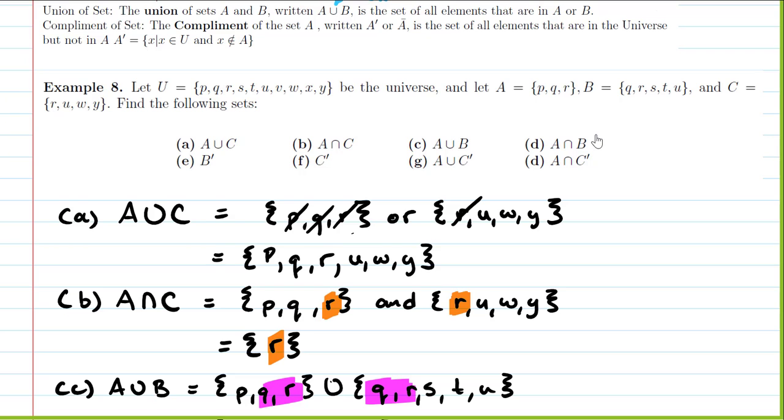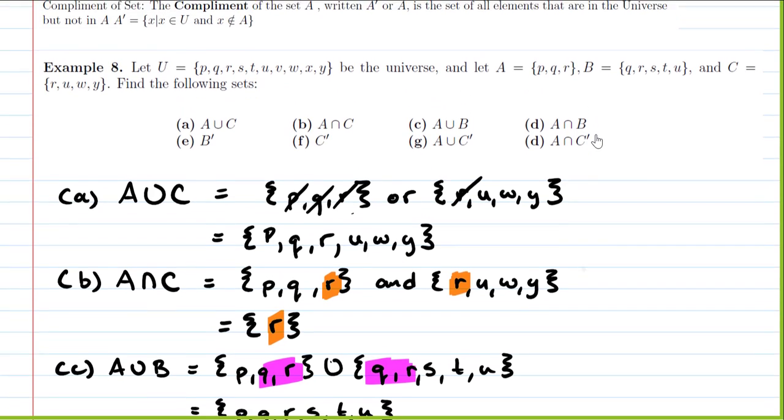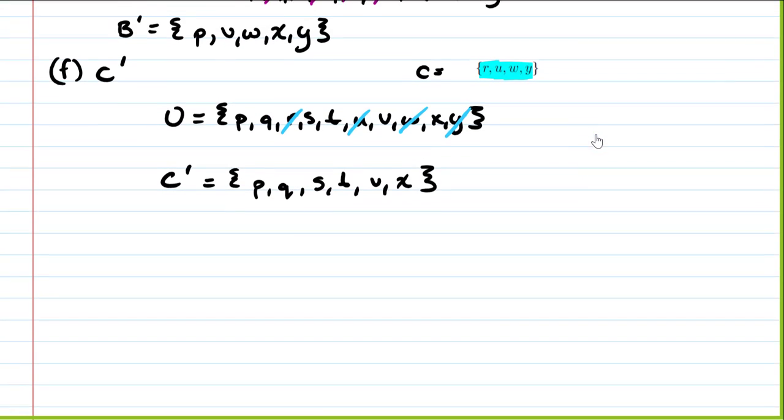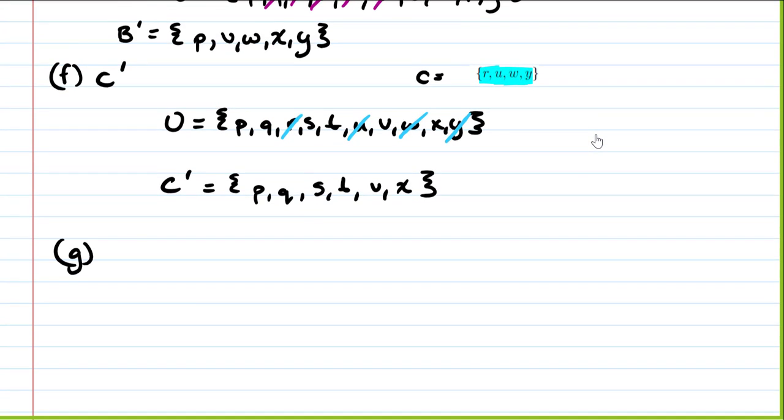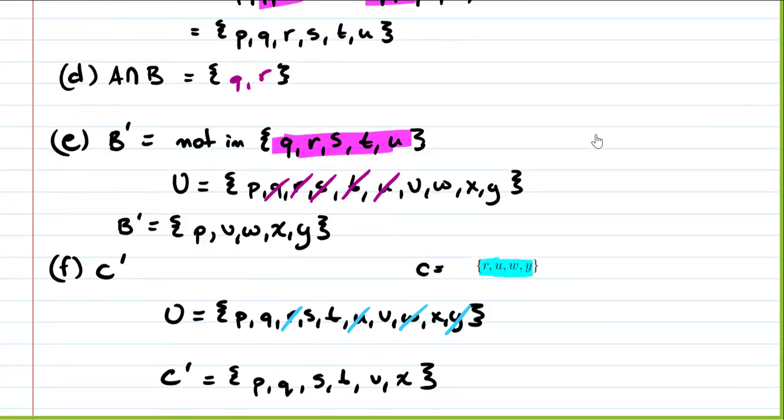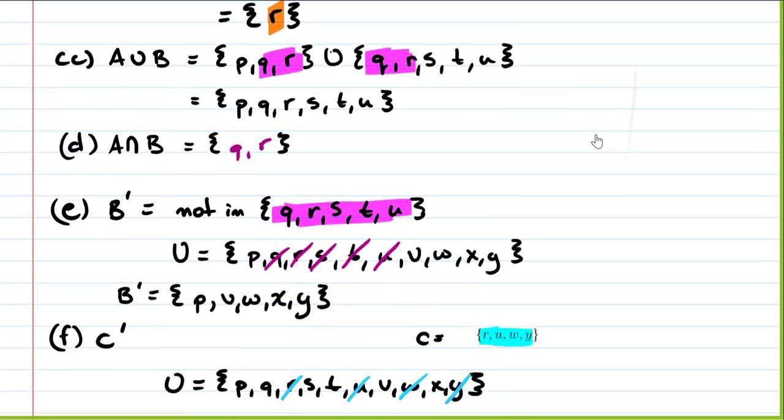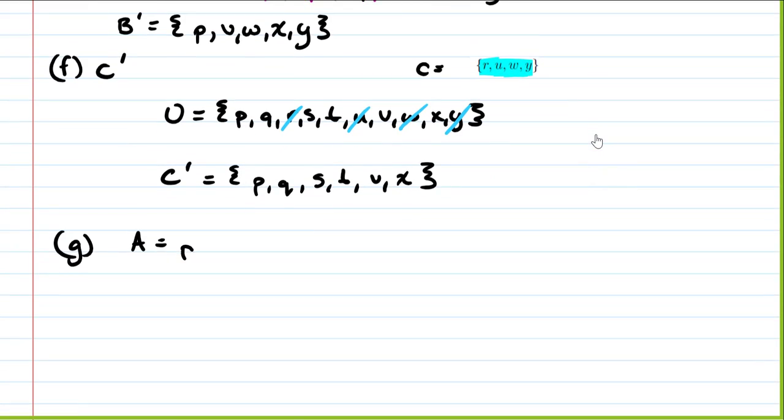The next thing we want is A union C prime. So our set A is equal to PQR. And we just calculated C prime, so it's going to be the OR of each of these.